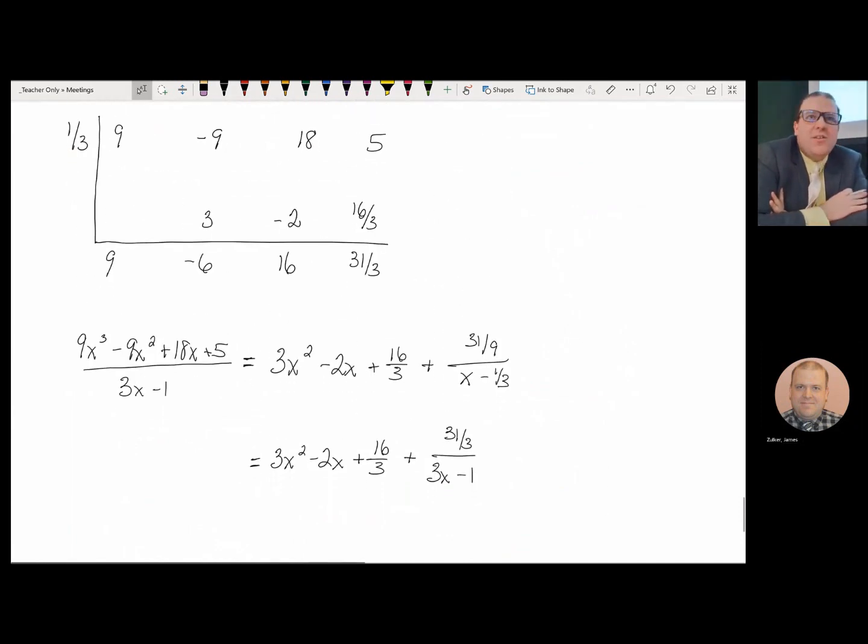You look at this, you can't factor out a 3. It's (31/9) over x - 1, because I skipped an intermediate step.